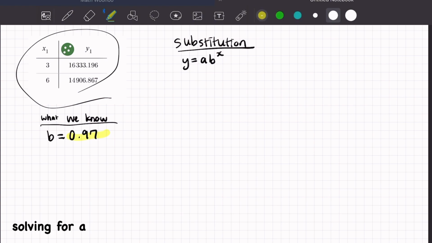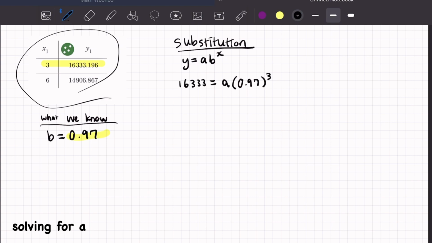Let's use the top one to replace it. So instead of y, we're going to use 16,333 equals, we don't know the value for a, so it will remain a, times b, but it is 0.97, to the power of 3, since x is 3 for that data point.